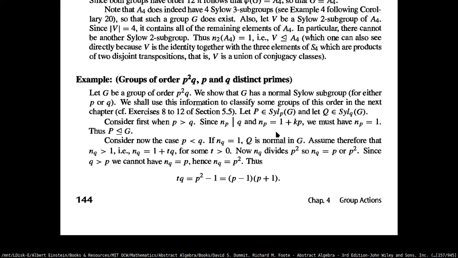Okay. So we're going to look first at when P is bigger than Q. Is that the case we're looking at now? That's 18. No, 18 is 2 times 3 squared.